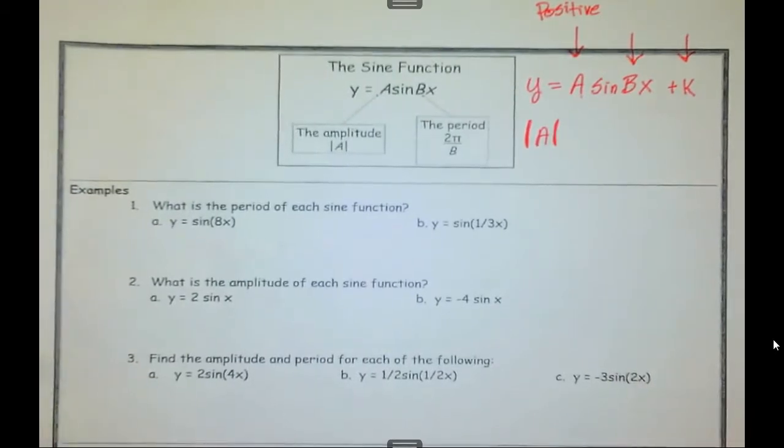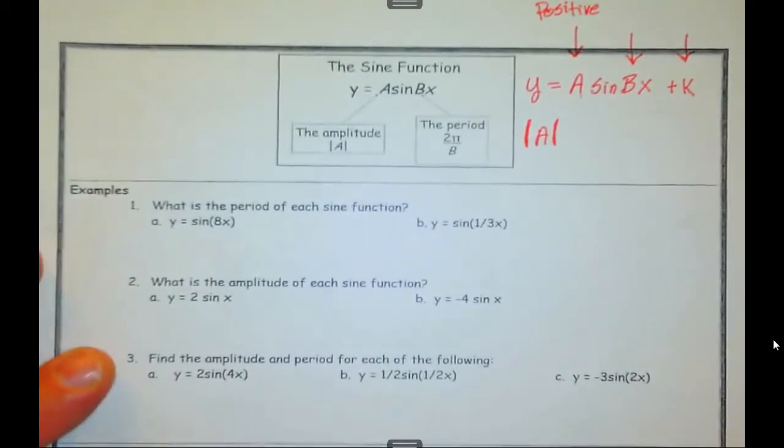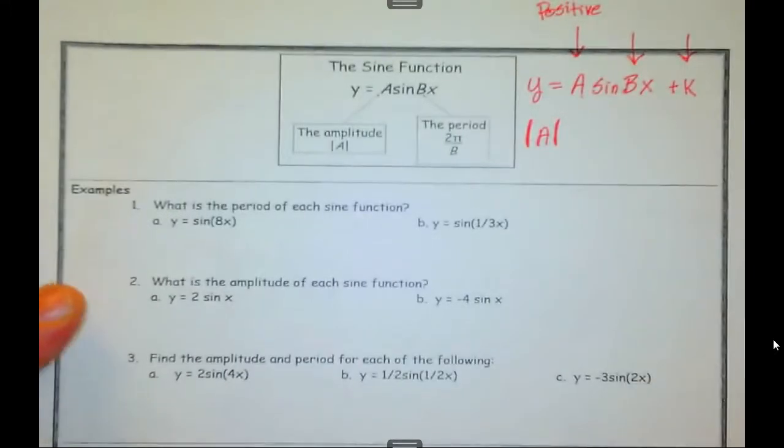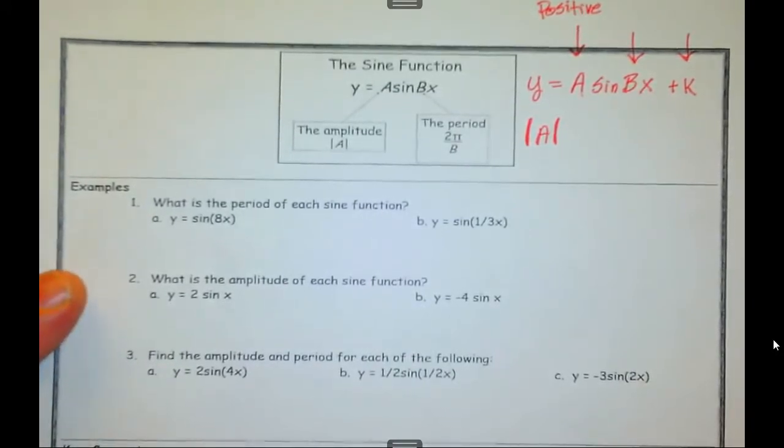How about a parabola? What happens if I have a negative sign in front of the x squared? It flips. Okay, it flips.